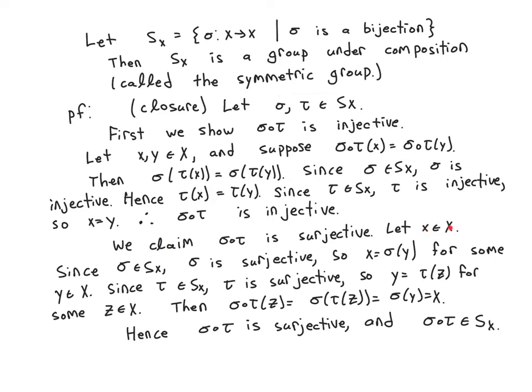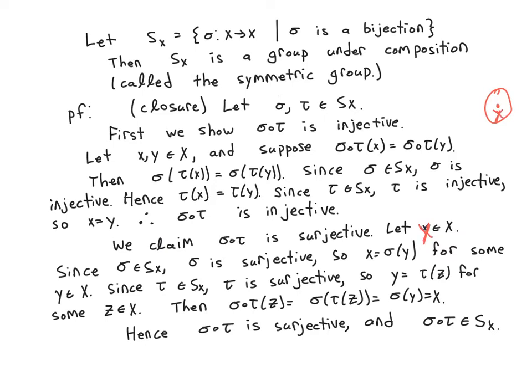So we want, oh, I should have used y here. So let's edit as we go. We've got some y value way over here, and we want to be able to get to it by sigma composed with tau. Well, because sigma is surjective, yeah, I'll stick with what I currently have and just call it x.